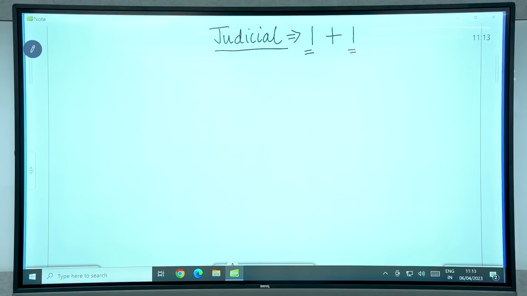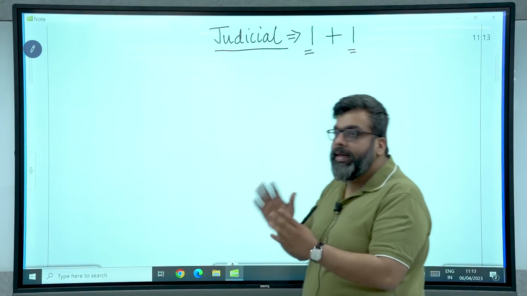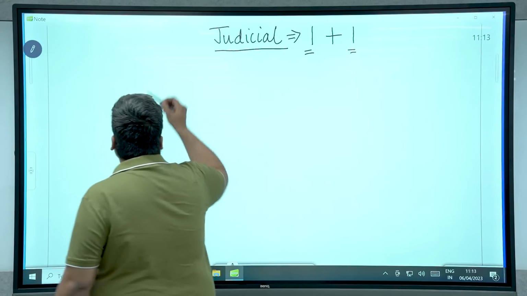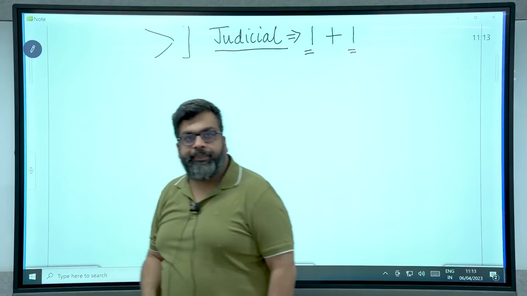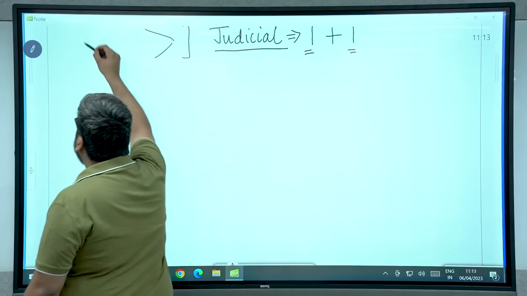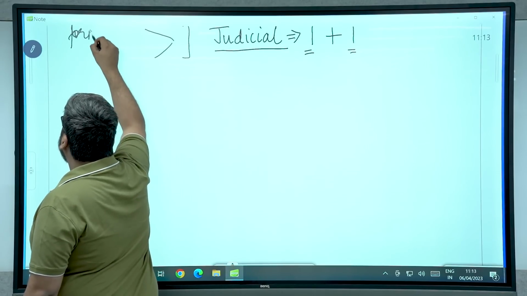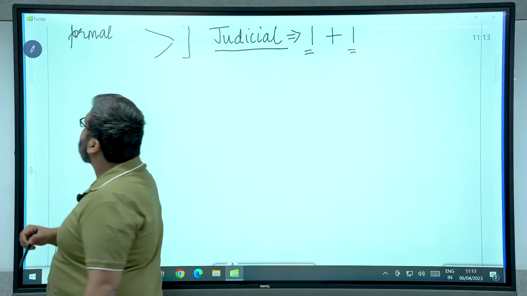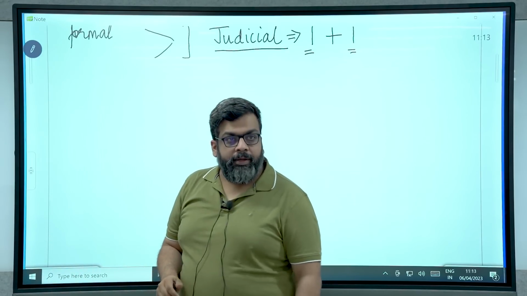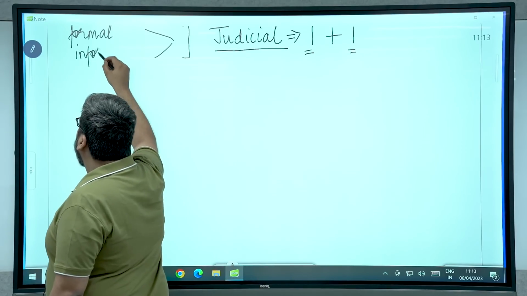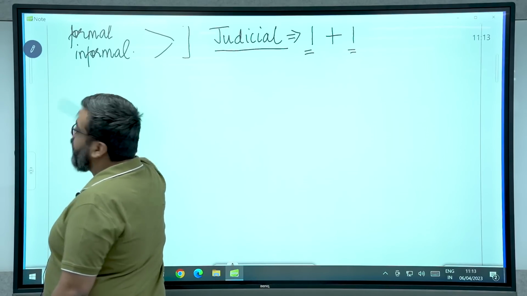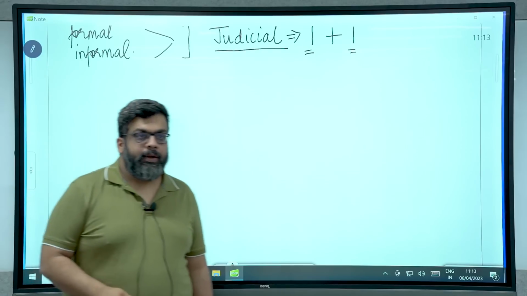Now, the judiciary has one side of it being independent and integrated. The second is, it has two versions. One, the formal institutional judicial system, and two, you have your informal, or you could say your local judicial system.